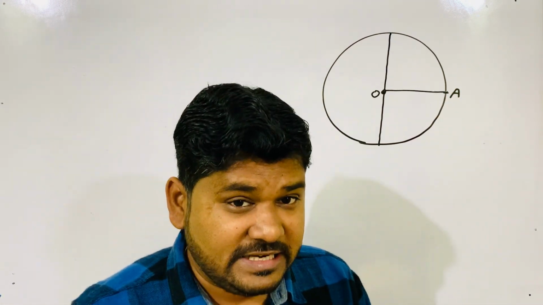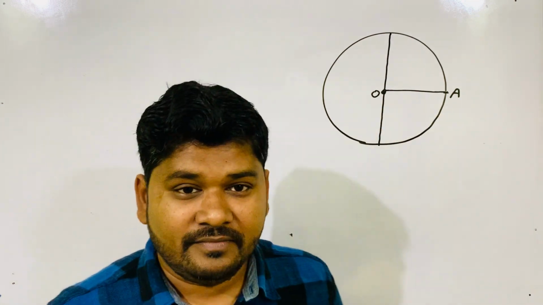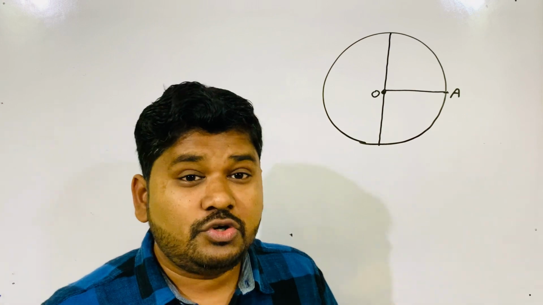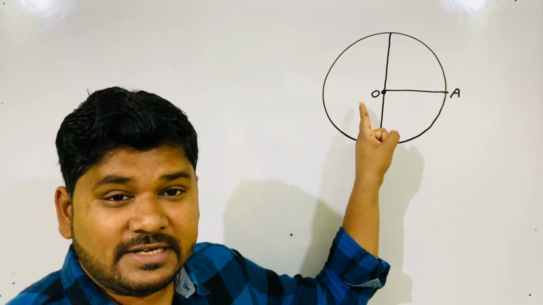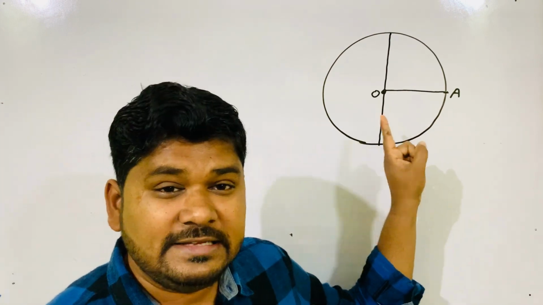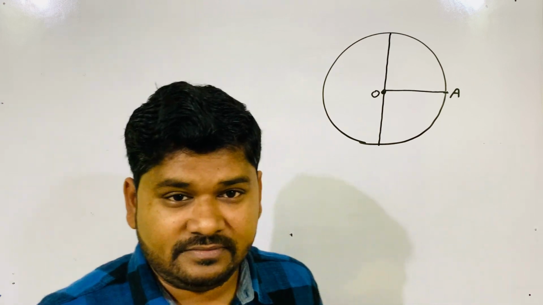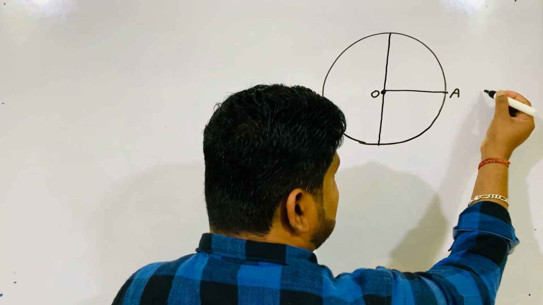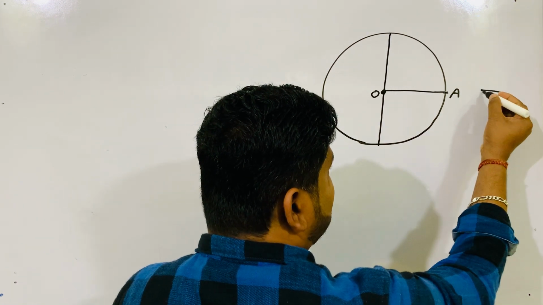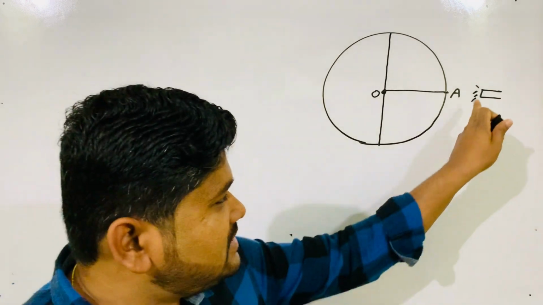You can say the projection of A is O, or the foot of a perpendicular from A to the diameter is O. Or simply, suppose you keep a torchlight here and switch it on.